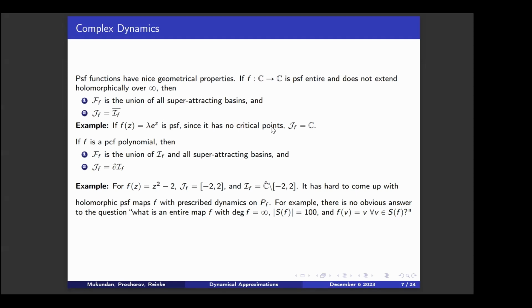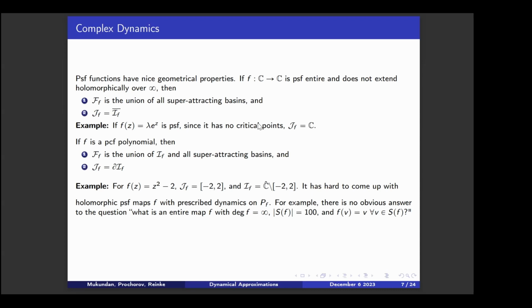I mean, even if you ask me what is a degree 100 polynomial with 5 singular values such that each of them is fixed, you would potentially be able to do some algebra with them, use the fundamental theorem of algebra or some basic algebraic geometry and try to solve this problem. But there is no guaranteed answer. So this is the issue with using PSF maps.